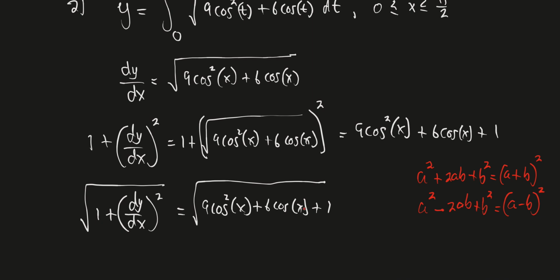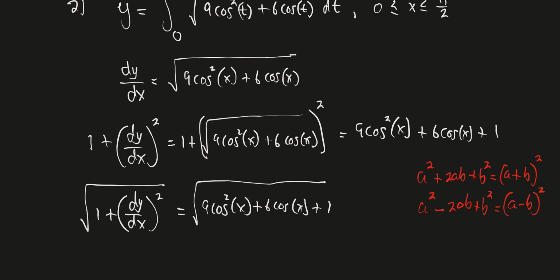If I take my a to be 3 cosine x, the square root of this would be 3 cosine x. The square root of 1 would be 1. So if I take 2 times 3 cosine of x times 1, I will get the middle term. So you have to look closely.